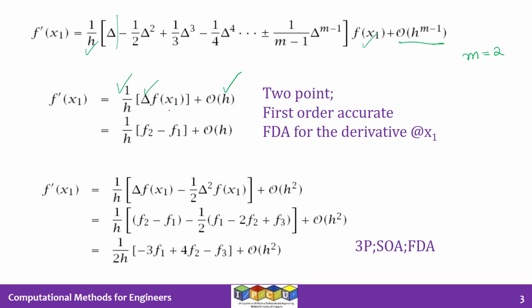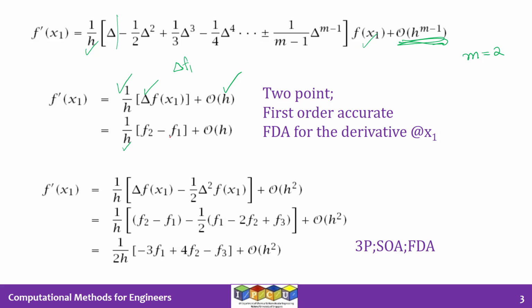So delta operates on f of x1, and the error, as I said before, is of the order of h. So it's going to be 1 by h delta of f of x1, which is nothing but delta of f1. The forward difference operator applied on f1 will give you f2 minus f1. So this is an expression for the value of the derivative at x is equal to x1.